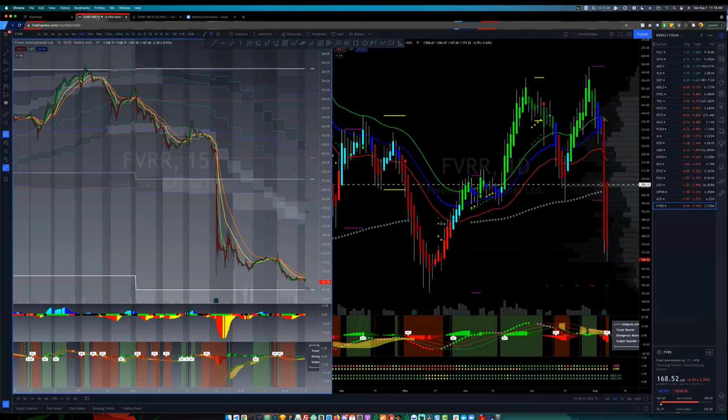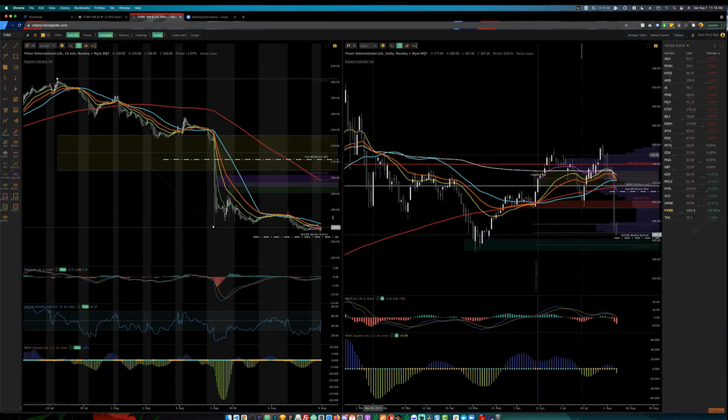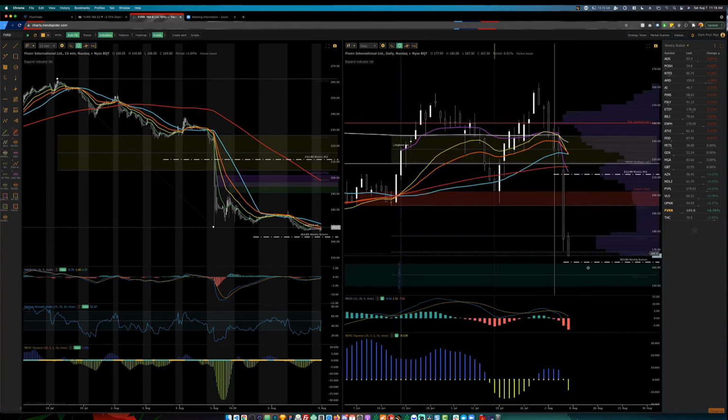What else we got here? Daily bottom for our bottom. So look for a retracement back to that, which is also a retracement to the 382 from high to low on the Fibonacci. We've got a demand zone support coming in at 160, 162.